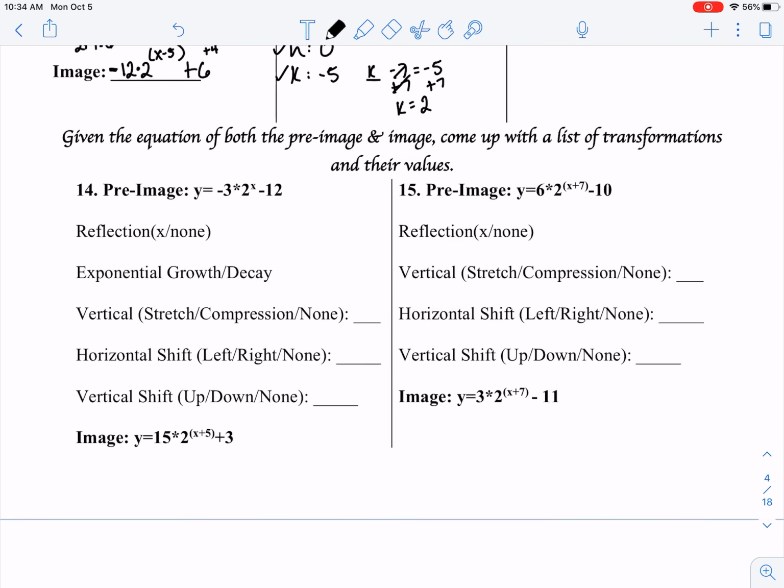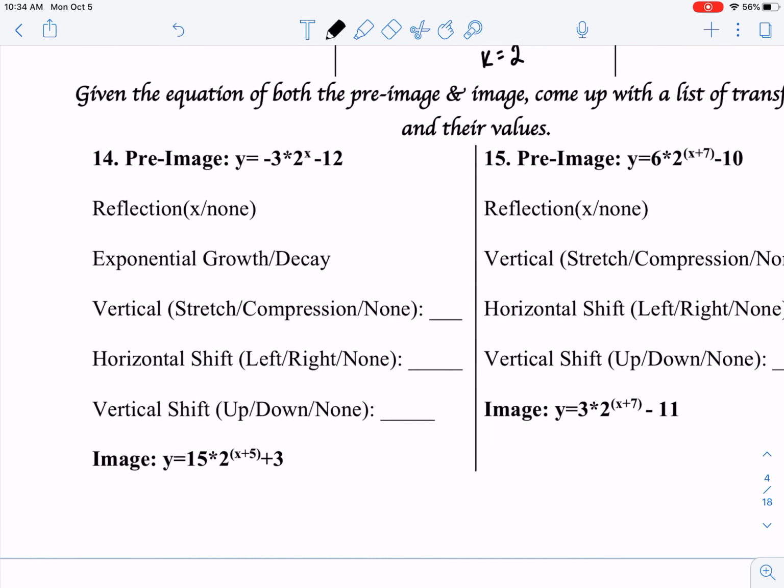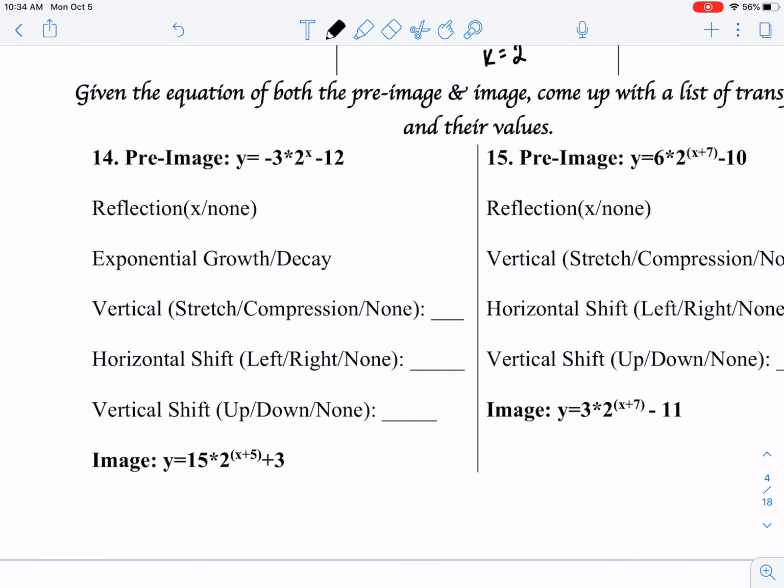In number 14, we are given the equations and we want to find the missing values of what numbers we can add, subtract, or multiply to get us to the proper image and or pre-image.